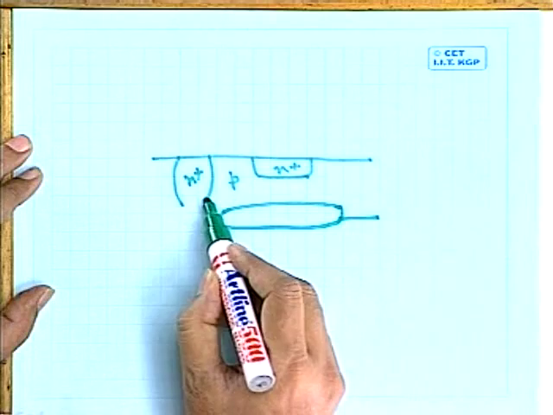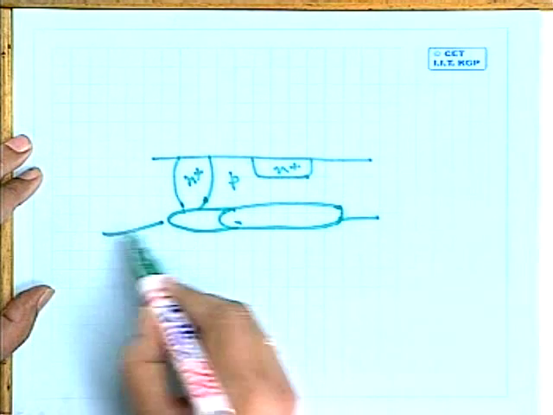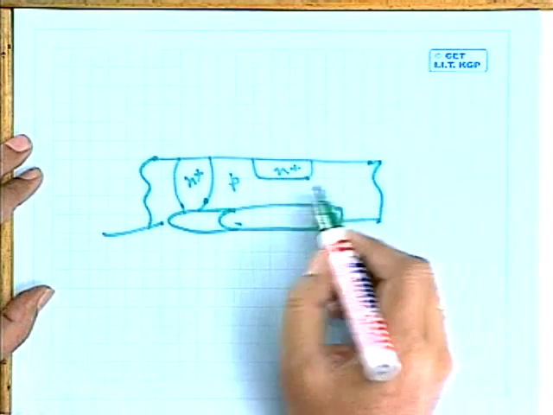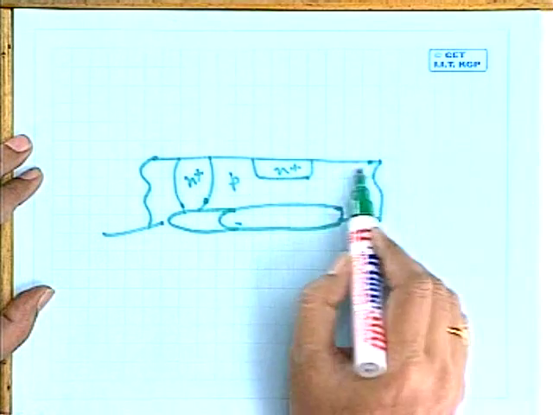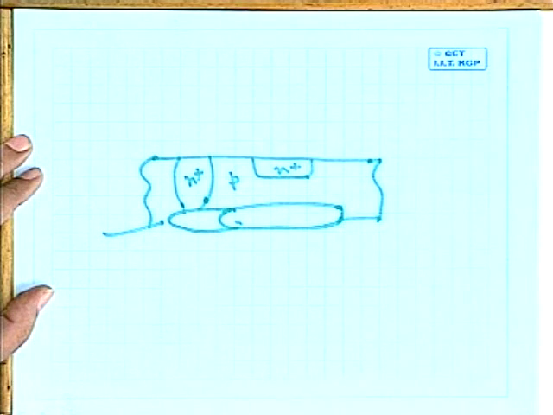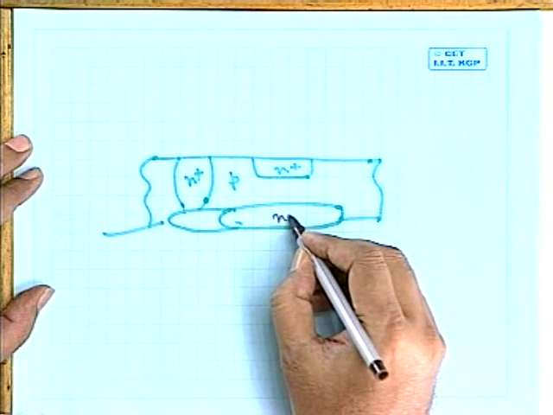Now if you grow an oxide here on the bare silicon surface, some regions are N plus and some regions you are getting P and some regions also N. So this is N plus.